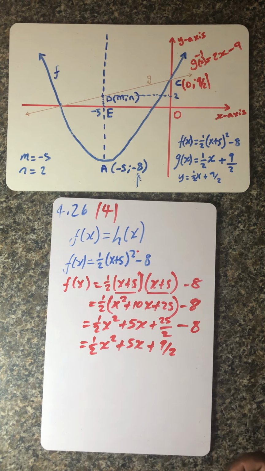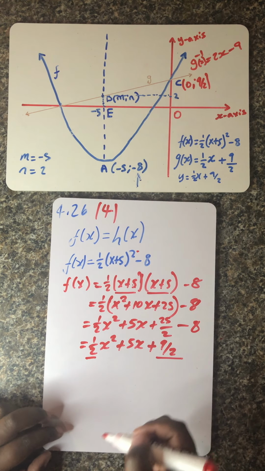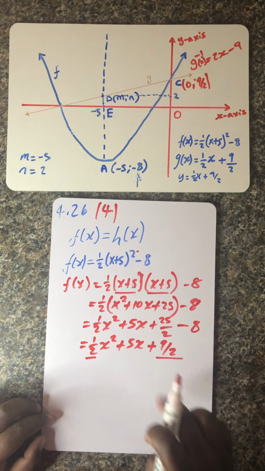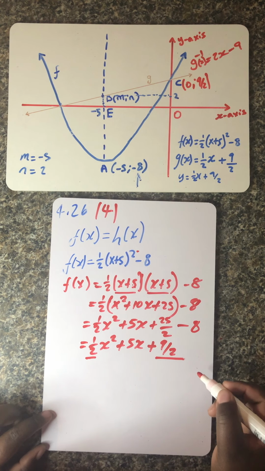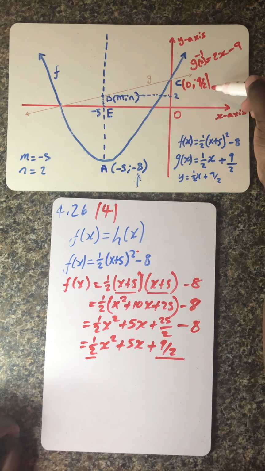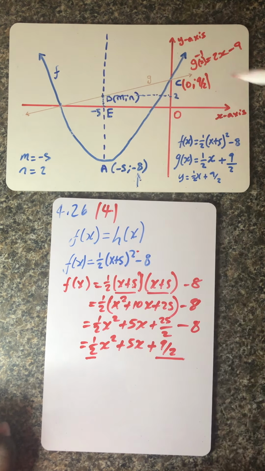Okay, hope you're able to see that. Can you see when you write this thing in the standard form, guys? This is your y value, and this is a positive a. So I've got a confirmation that this could be correct because my a is positive. I've got a smiling shape, and again my y value is 9 over 2. It has to be 9 over 2 because that point is where these two graphs intersect.